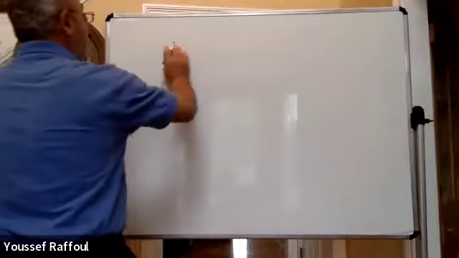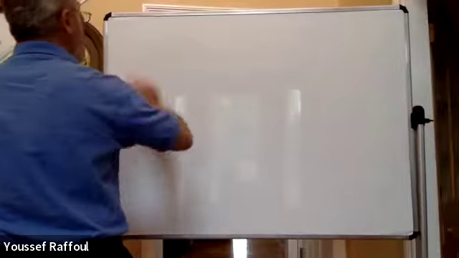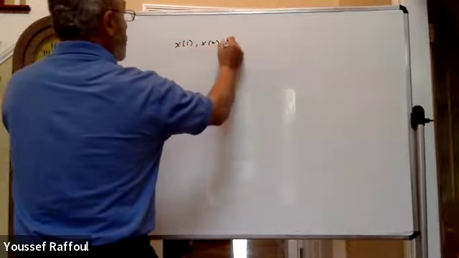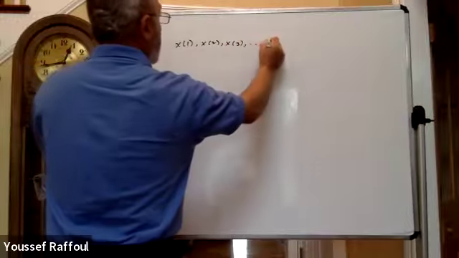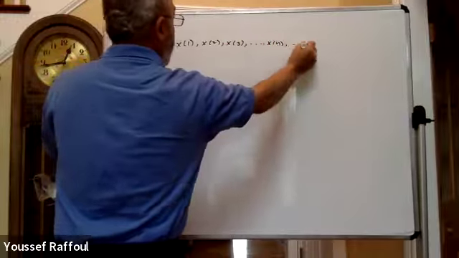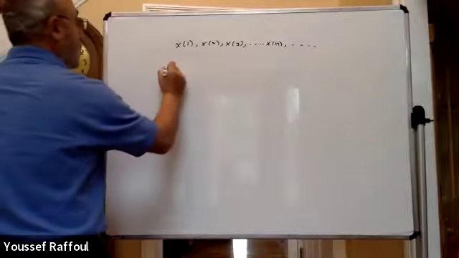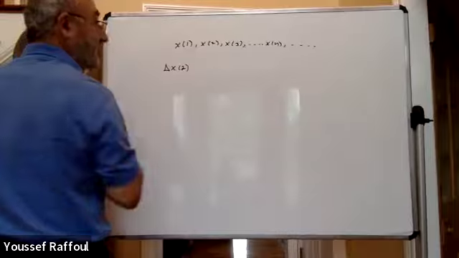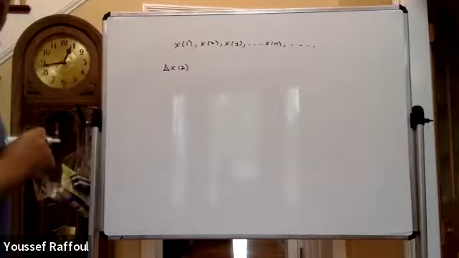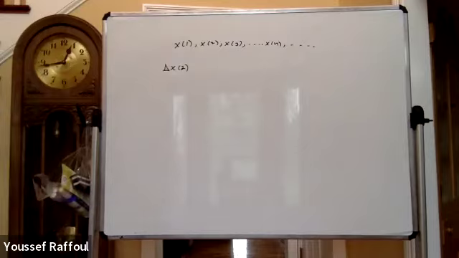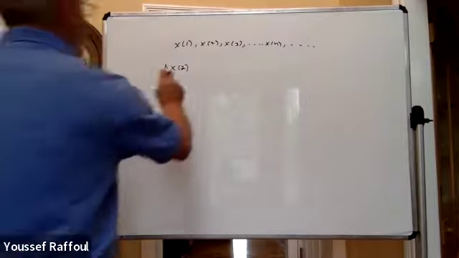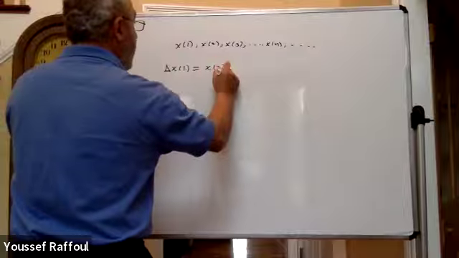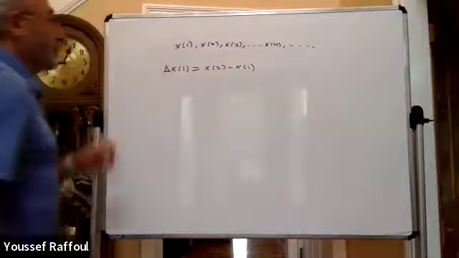So let's say we have x1, x2, x3, xn, and so forth. We're going to put del x1, for example, as x2 minus x1.